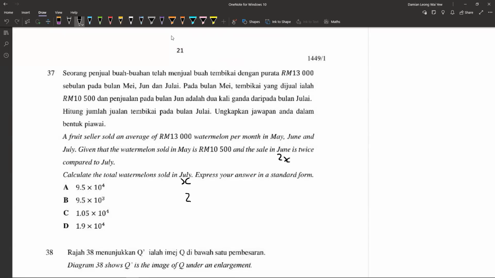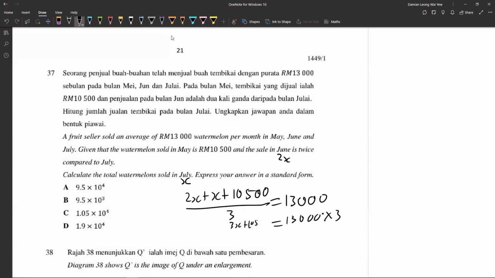So 2x plus x plus 10,500 divided by 3 equals the average 13,000. Bring over the 3, times 3. This is 3x plus 10,500 equals 39,000.